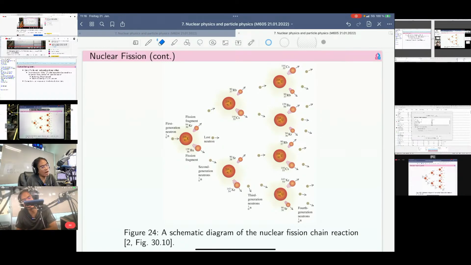Okay, and the process will proceed in a chain way, right? It's called chain reaction, and this is the nuclear fission. So we say nuclear fission chain reaction, taken from book number 2.